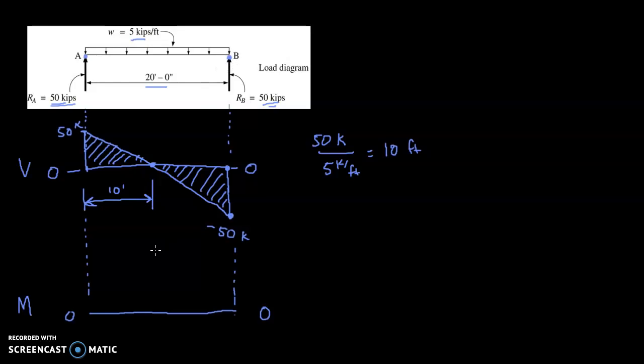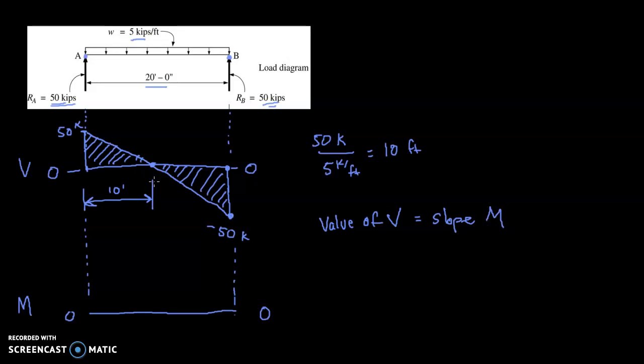Since we can't resist moment, that must mean that the moment is 0. Just like in the previous example, we need to keep in mind the relationship that the value of the shear diagram equals the slope of the moment diagram.